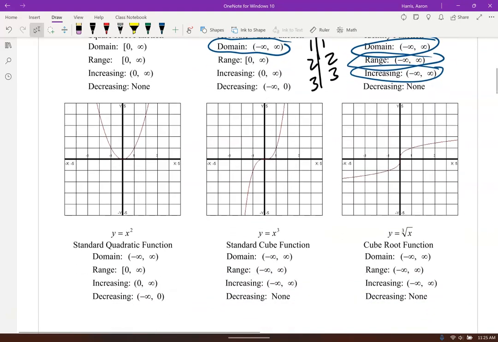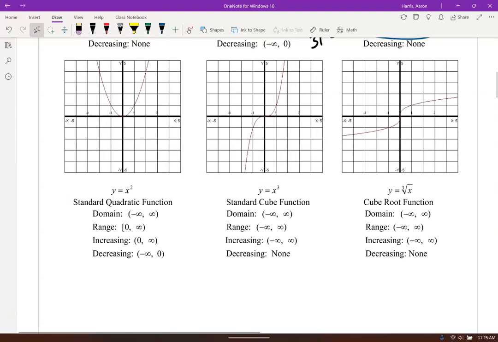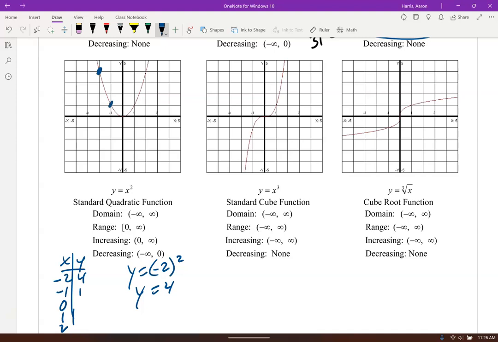Keep going with our square function, y equals x squared. Again, you're just throwing in values. Throw the x in and square it. You get, -2 gives you the 4 right there. Throw in -1 and square it. -1 squared is a 1. 0 squared 0. 1 squared 1, and so on.